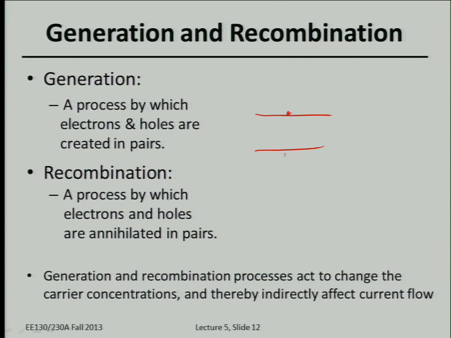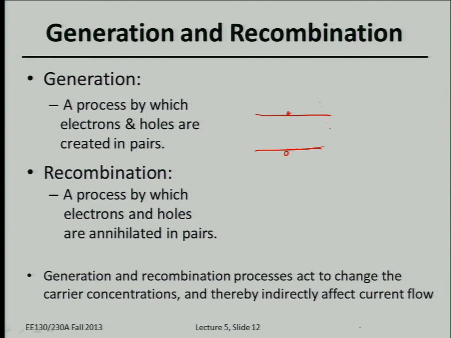Then we do the same for holes, separately, studying the holes mostly around the valence band. But for the generation and recombination case, we need to consider the interaction between the two types of carriers. Those two processes always involve both electrons and holes.